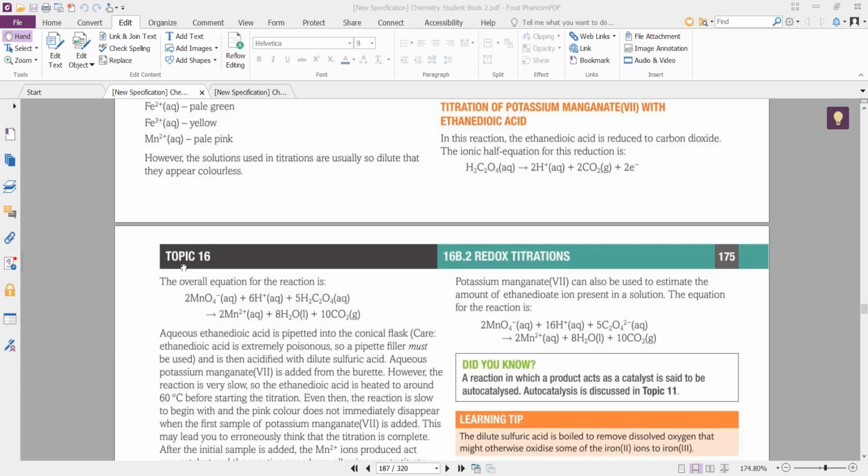Can you please repeat that? We have to heat around 60 degrees Celsius before starting the titration.